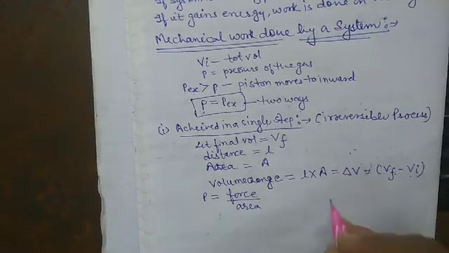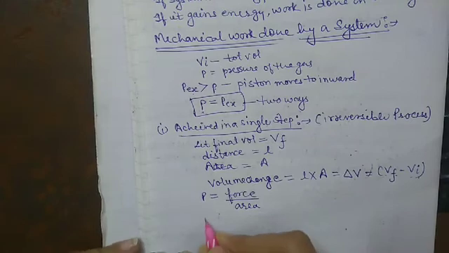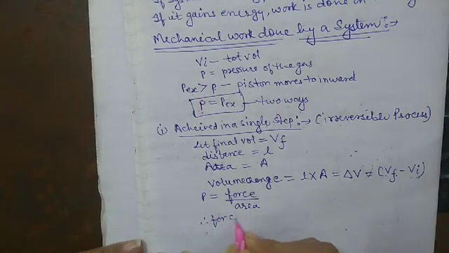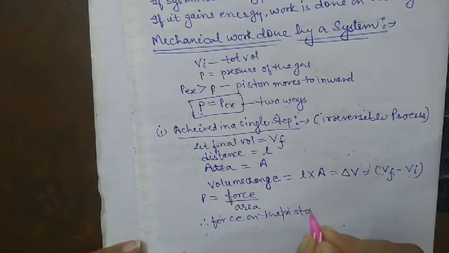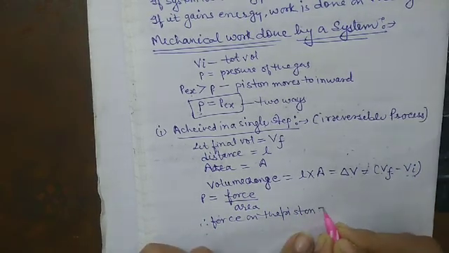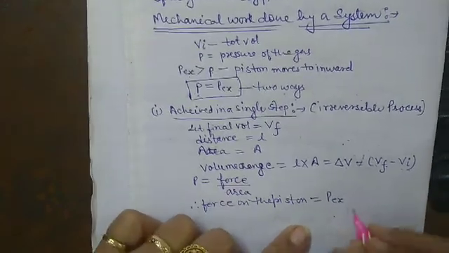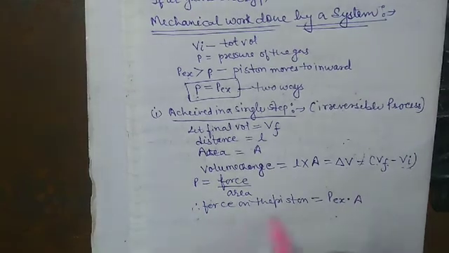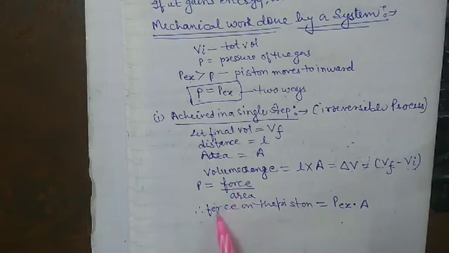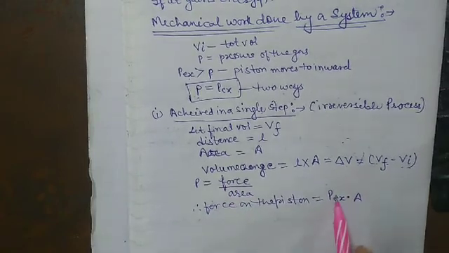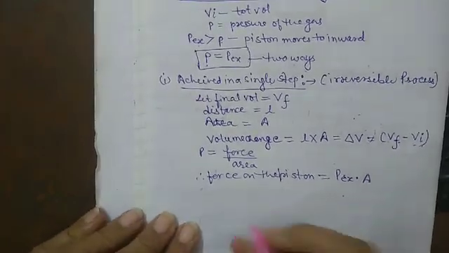Pressure is equal to force upon area, and therefore the force on the piston is equal to pressure, that is P external, multiplied by area. Now we have changed the formula according to our need. Force is equal to pressure multiplied by area.